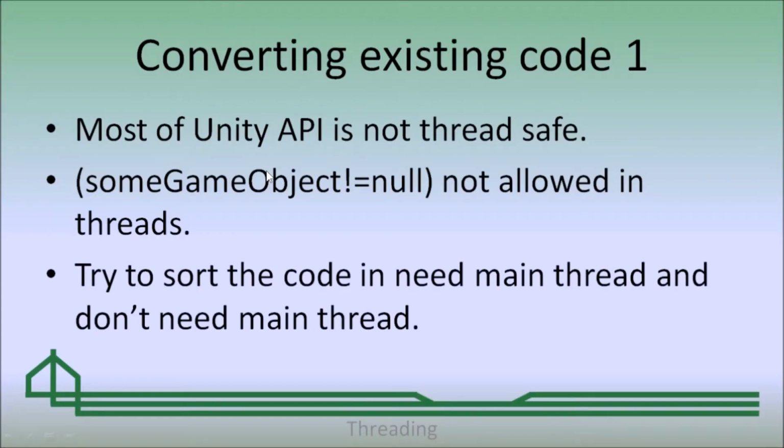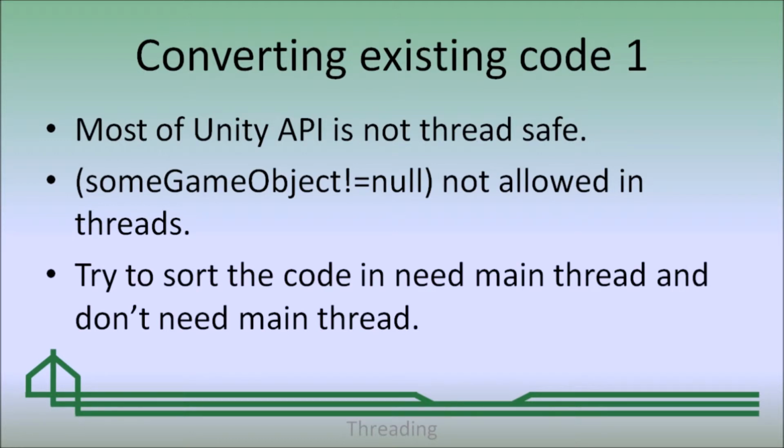When converting existing code, there are some parts you need to think about. Most of Unity's API is not thread safe, so you cannot use, for example, some game object is not equal to null. And this is because it's a compare function. Also other standard Unity functions are not allowed in threaded world. You will get errors.